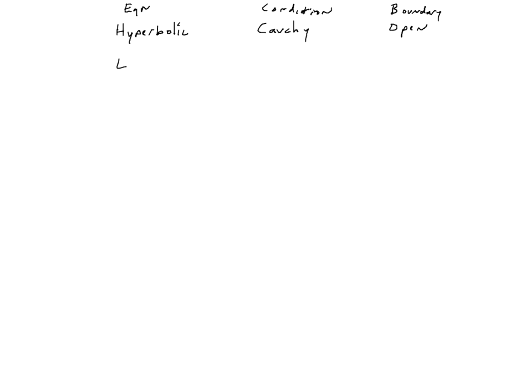Now, if I had done elliptic, you basically go through the same process, and what you'll see is you can use either Dirichlet or Neumann conditions, and you'd use closed conditions. An example of that is solving the Laplace equation.